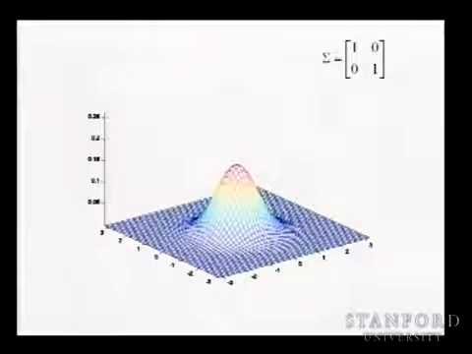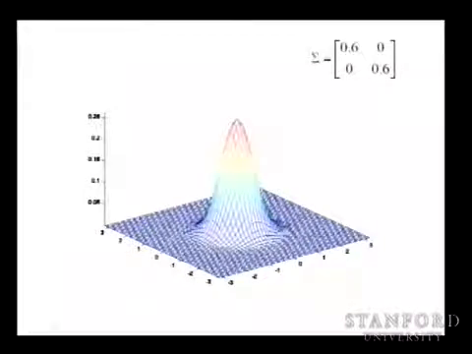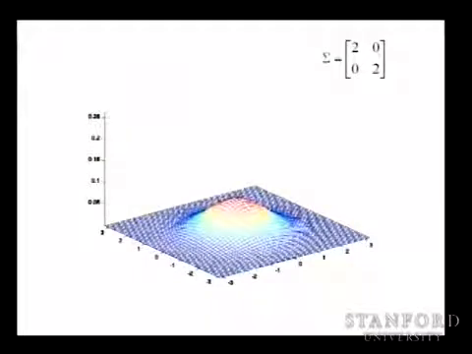The covariance matrix is shown in the upper right-hand corner of the slide. This is the familiar bell-shaped curve in 2 dimensions. If I shrink the covariance matrix, then the Gaussian becomes more peaked. And if I widen the covariance, like sigma equals 2, then the density becomes more spread out.